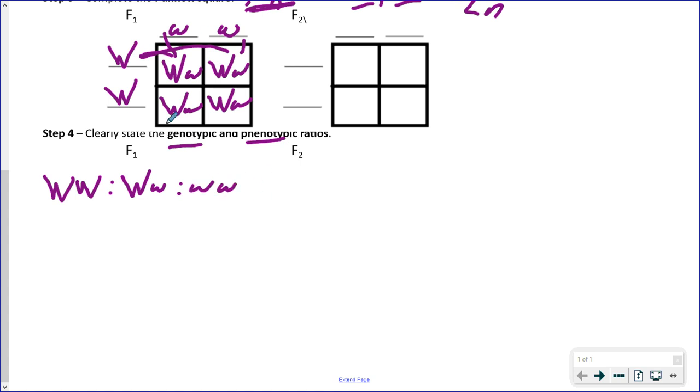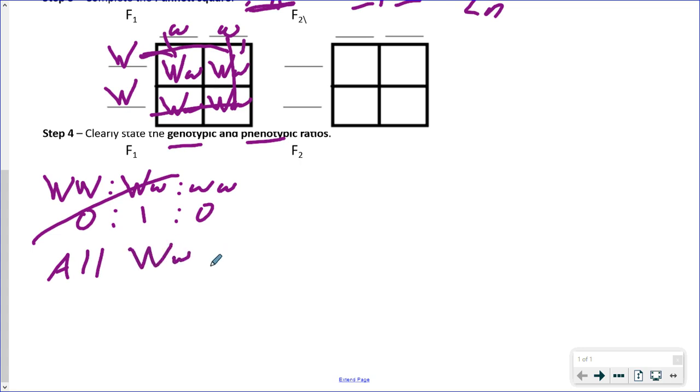When we take a look at this, clearly we can see, in fact, we didn't even really need all of these squares. We only needed one square in this Punnett square. And what we can see is that it's 0 to 4 to 0. If they're all exactly the same, you don't necessarily have to write it as a ratio. You can just tell me if they are all the same. You can just say all are, in this case, heterozygous.